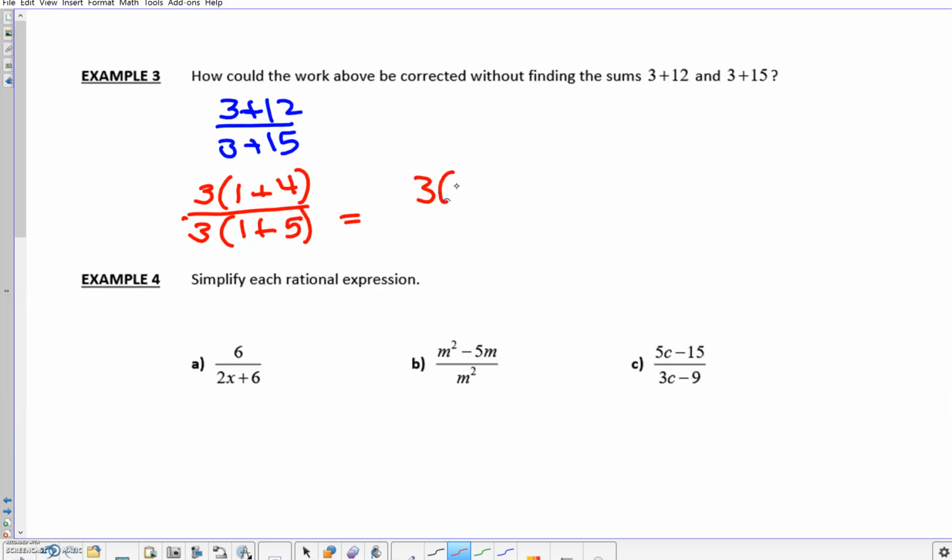So that's going to be 3 times 5 and 3 times 6. And there you see now I have this in factors. So it's now multiplied, and I can now cancel and get that 1 right there. And my answer is 5/6. So get the idea. If they're multiplied, we can cancel them. But if they're added, as they are right there, we cannot at that point.